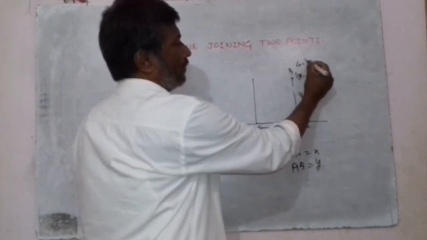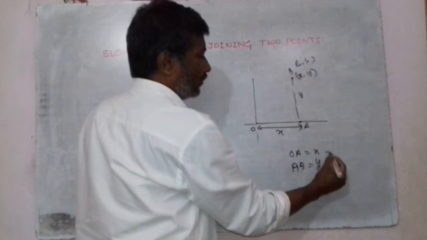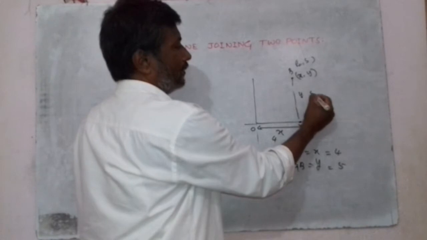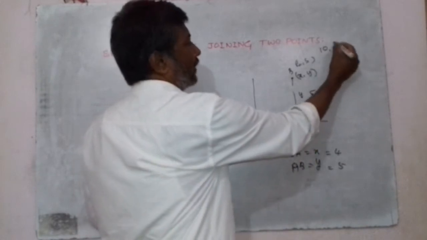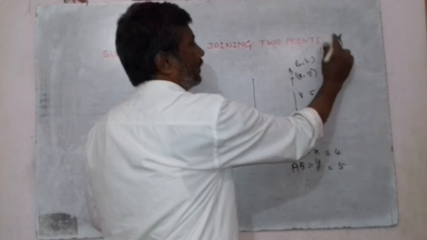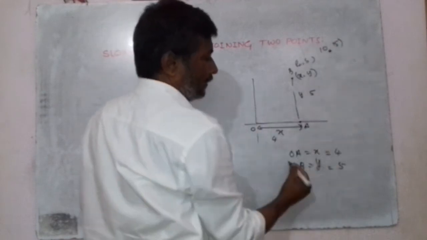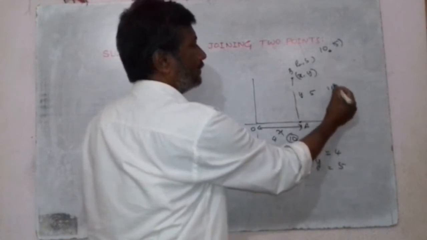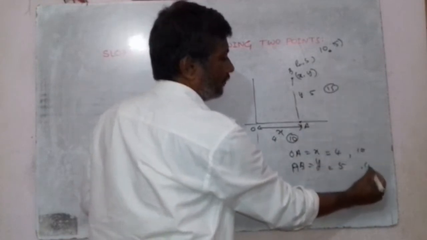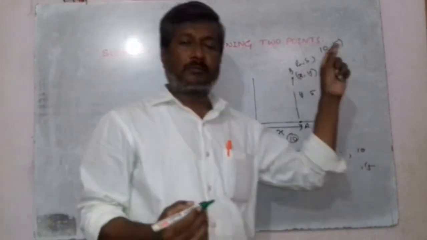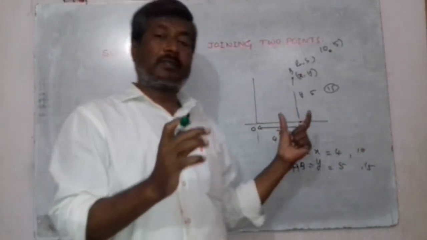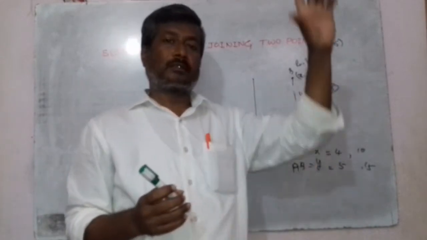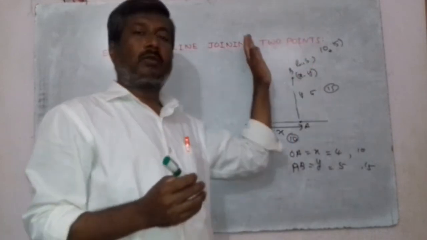If it is (4, 5), then OA equals 4 and OB equals 5. If it is (10, 15), then along the x axis it is 10 and along the y axis it is 15. So the abscissa gives the distance along the x axis, and the ordinate describes the perpendicular distance along the y axis.